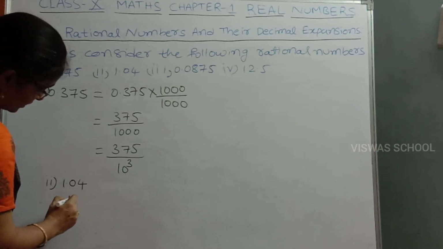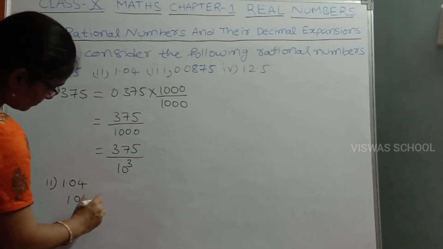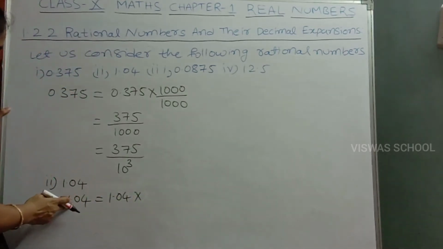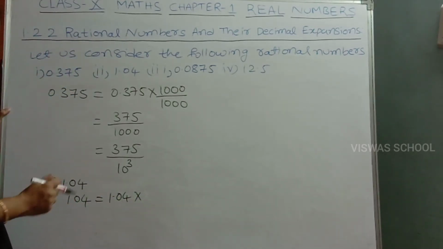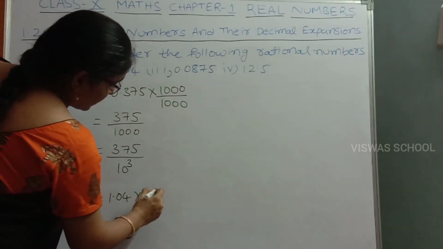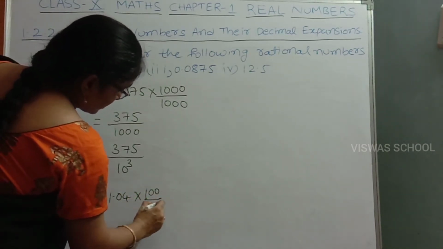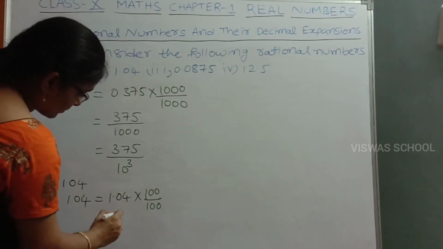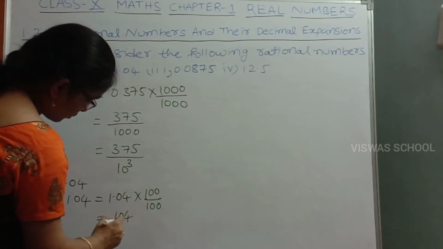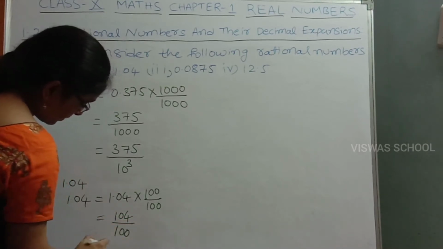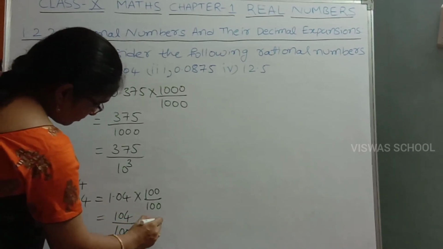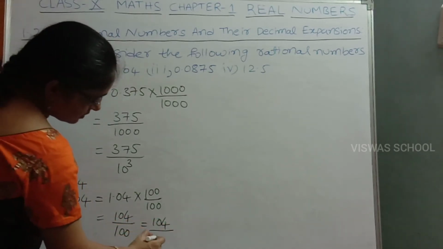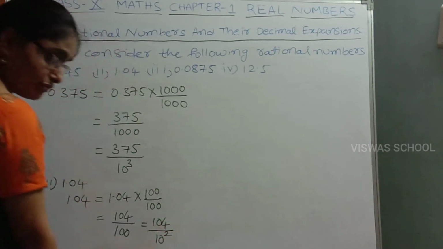Here for converting into P by Q form, multiply and divide by 100, because after the decimal point we have 2 digits. 1.04 into 100 equals 104 by 100. Again this denominator 100 is written in powers of 10 as 10 to the power of 2.